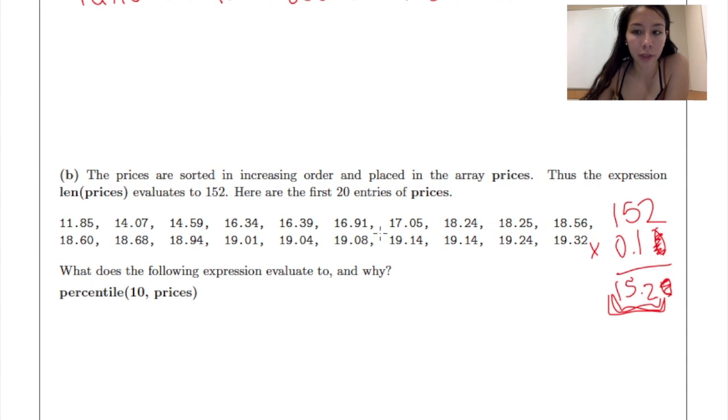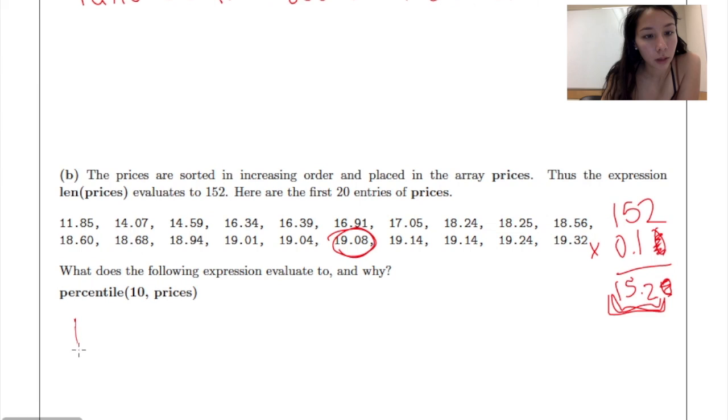So that means we're going to be looking for the 16th entry, since the 15th entry is not at least 15.2. So 1, 2, 3, 4, 5, 6, 7, 8, 9, 10, 11, 12, 13, 14, 15, 16. So this is going to be the entry that we choose, and this is what it's going to evaluate to: 19.08.